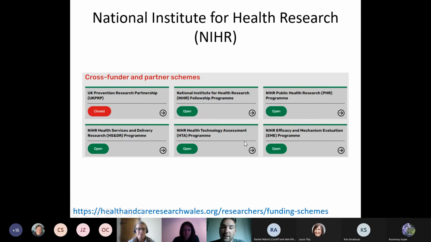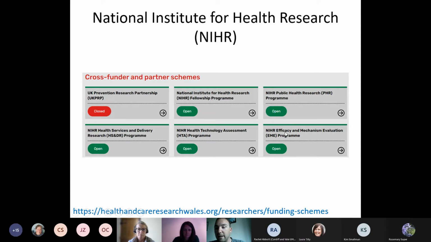The NIHR Health Technology Assessment, or HTA program, which funds large phase 3 type studies, confirmatory studies of health technologies, which can be pharmacological, non-pharmacological interventions. So that's the scheme where you would apply if you wanted to run a big RCT, for example.